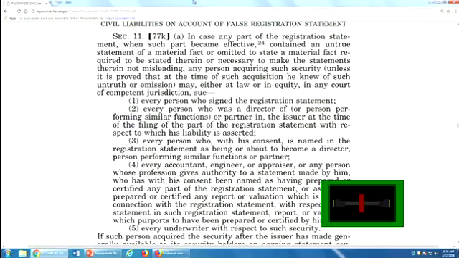So you don't need to prove as a plaintiff causation in the typical sense that, I would not have bought the security but for the misstatement. I would not have bought the security at that price or whatever.